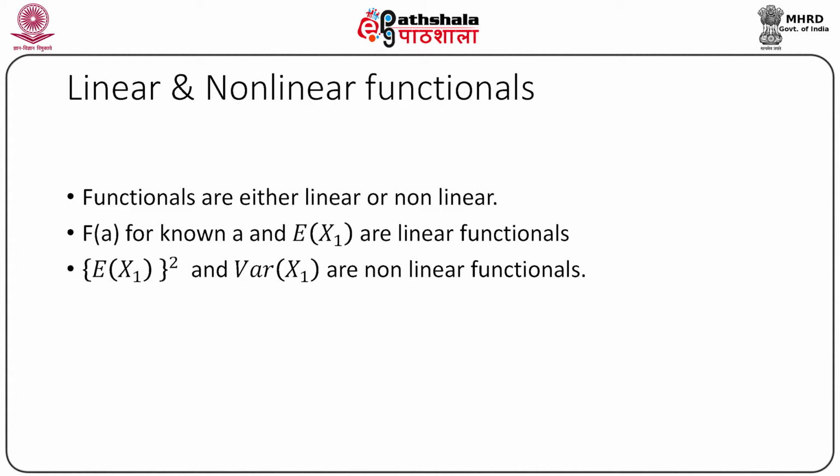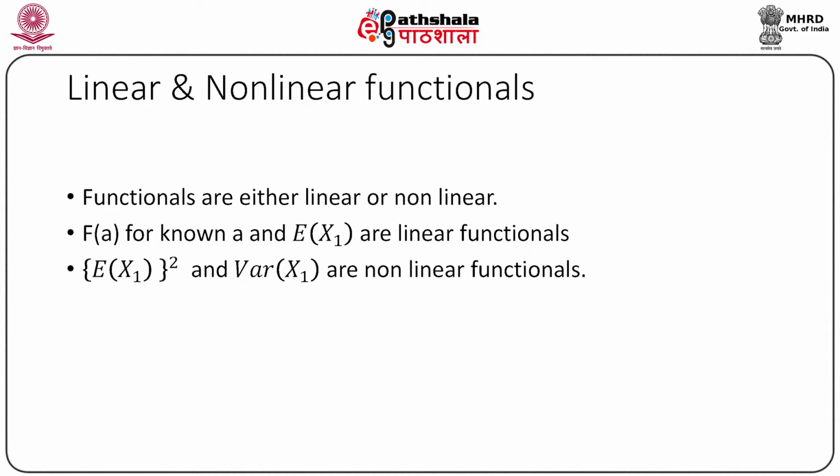If the latter functional is again a linear convex combination of theta(F1) and theta(F2) with the same set of weights, the functional is linear. So mathematically, if theta(alpha F1 plus (1 minus alpha) F2) is equal to alpha theta(F1) plus (1 minus alpha) theta(F2), then the functional theta is linear.